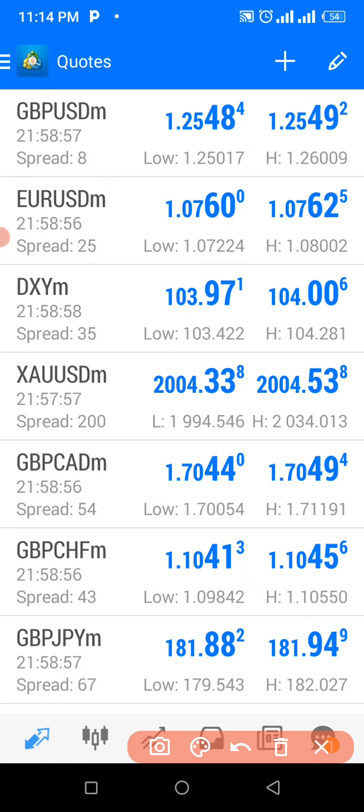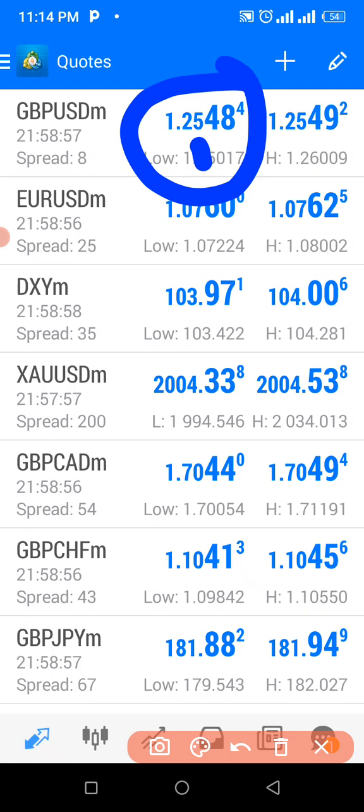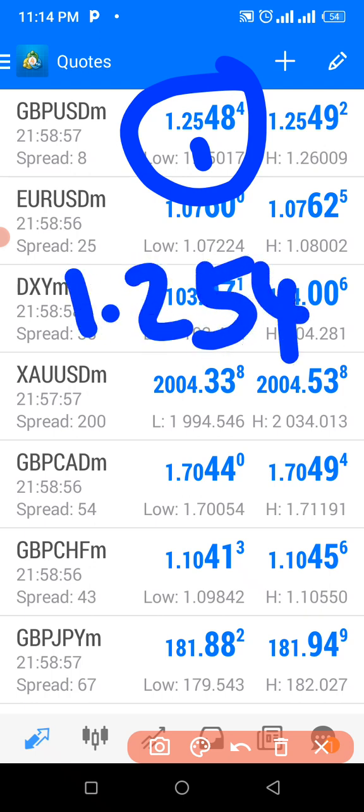After the decimal point you can see 1, 2, 3, 4, and then a smaller one on top. I forgot to tell you about that one. For instance, if we are considering 1.2548, there is one on top. That 8 that you are seeing on top there is called the pipette.